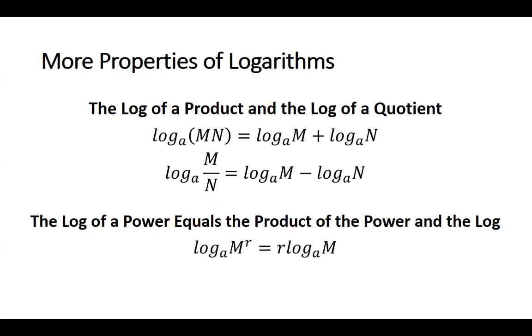So if you have an exponent in your logarithm, log base a of m to the r, then that exponent can be pulled out front as a multiplier or a coefficient. And then a to the r is equal to e to the r times the natural log of a.